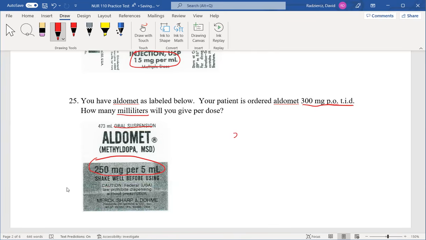So I'm going to take my 300 milligrams, my order. I'm going to divide that by the 250 milligrams, my available, times my 5 milliliters. Now, I will say this right here, like the 5, 15, 8, and 1, this is commonly misstepped with oral suspensions, where you put some other quantity in there than what should be there.